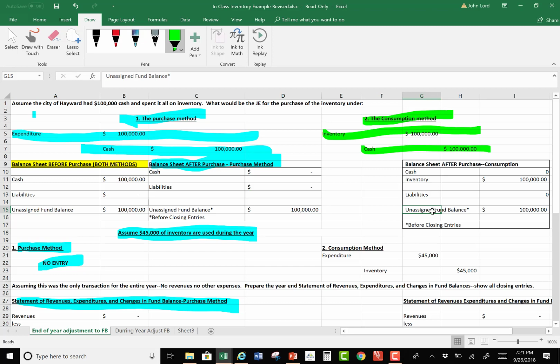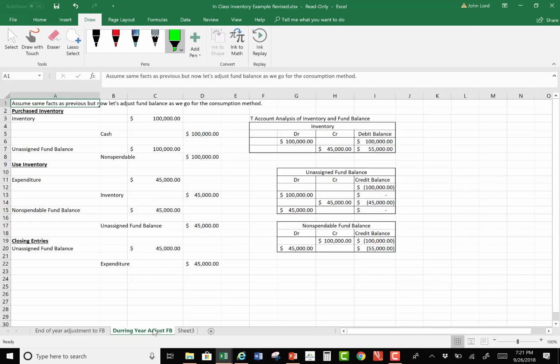So under the consumption method, what I'll do is debit inventory for 100,000. I'll credit cash for 100,000. I will then debit the unassigned fund balance for 100,000 and credit non-spendable fund balance for 100,000.